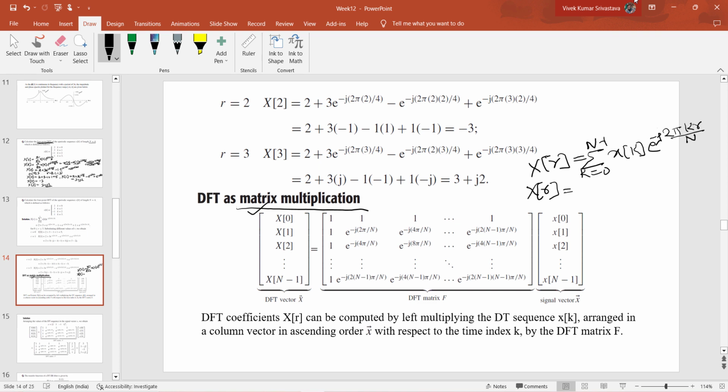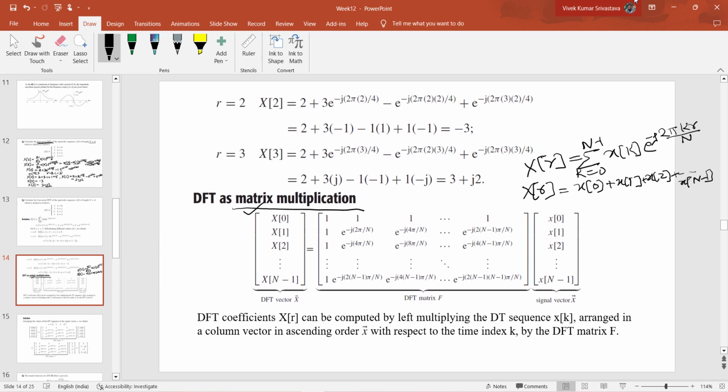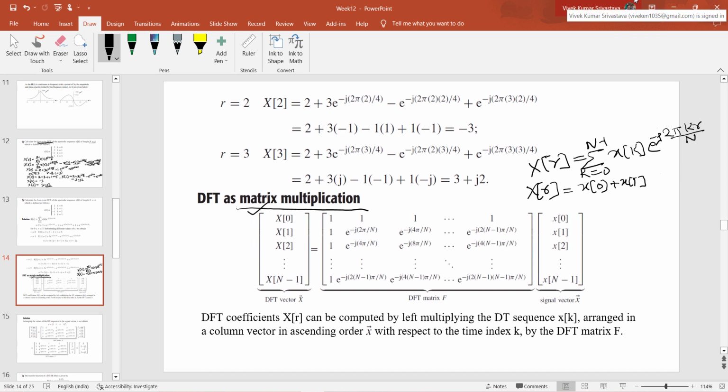So for k equals 0, this will be x of 0, x of 1, x of 2 up to x of n minus 1. Similarly for k equals... actually, there is a small error here.